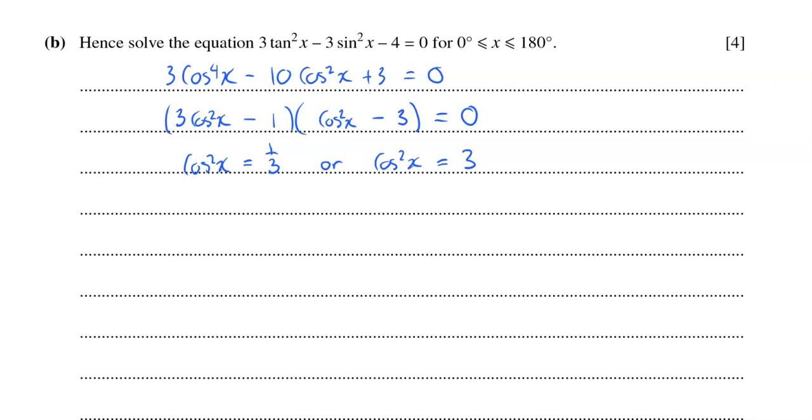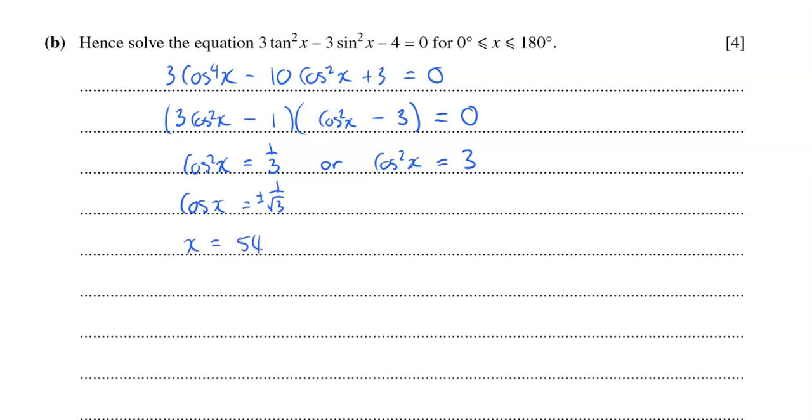We just go to the first answer and say, well, cos squared x is a third, and cos x is plus or minus 1 on root 3. And at that point, we can either go to a calculator or see if it matches any triangles. It doesn't match any triangles, so we definitely go to our calculator. So the inverse cos of 1 on root 3 turns into 54.7 degrees. So one of our answers is 54.7 degrees.